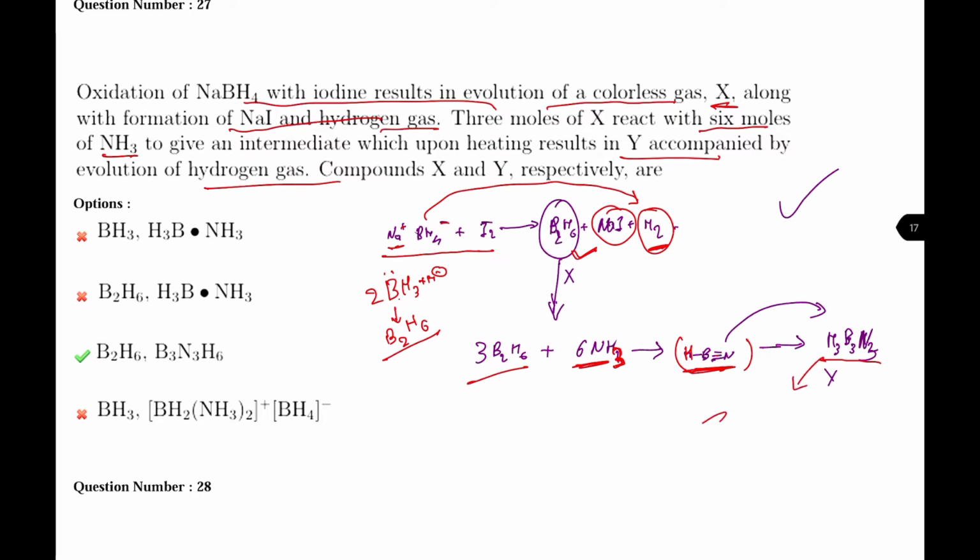So this is a kind of benzene-like compound with BN. You must remember these questions are very important. So this compound is formed. Therefore the right answer is B2H6 and this, I forgot the name of this one right now.